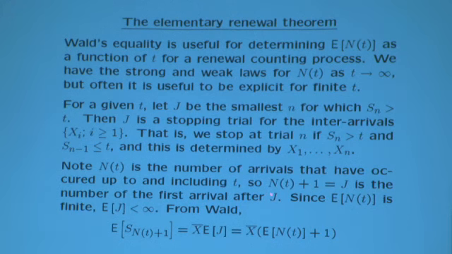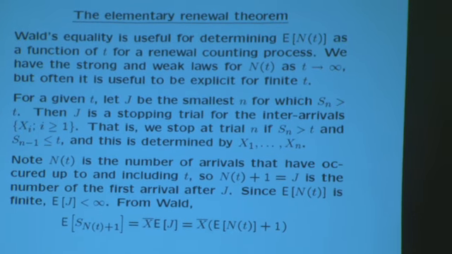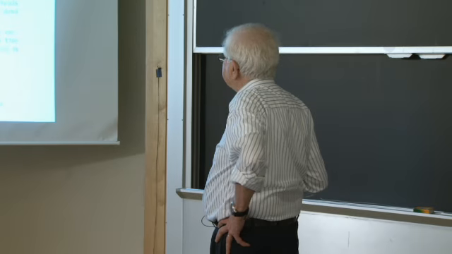Since the expected value of N of t is finite, the expected value of J is also finite. In other words, we're defining J to be N of t plus 1. We want to show that J is actually a stopping trial, and therefore we can use Wald's equality on it.